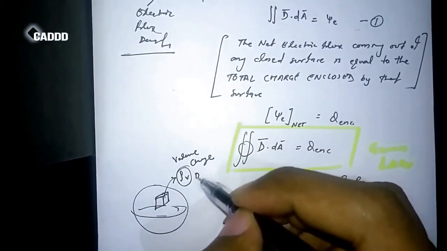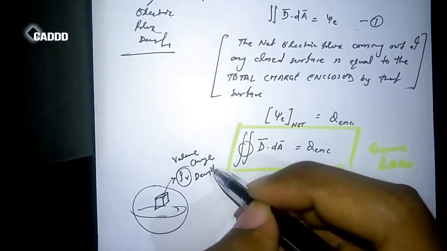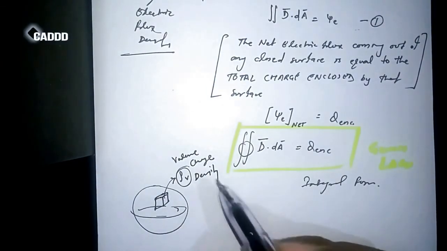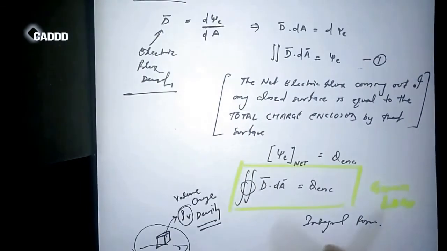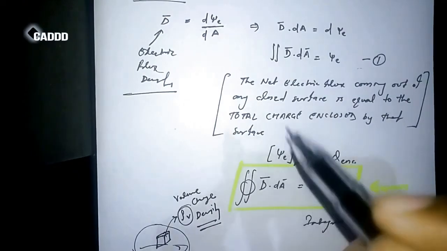Keep in mind this is charge density, and this D is electric flux density.